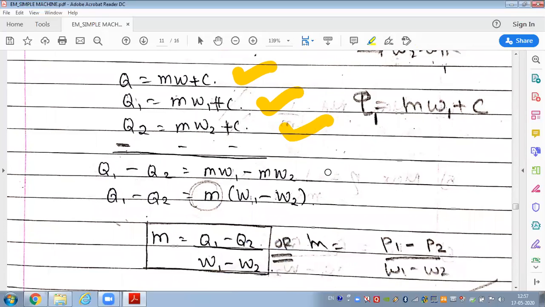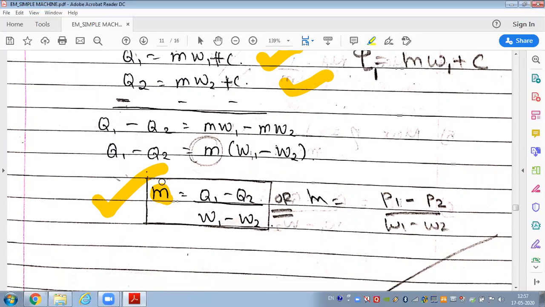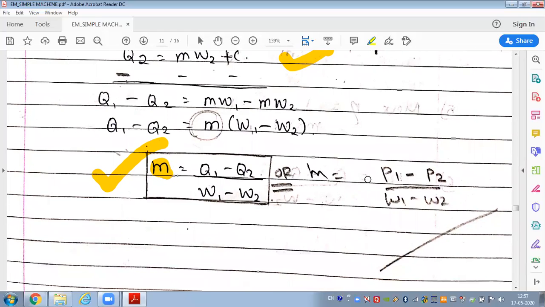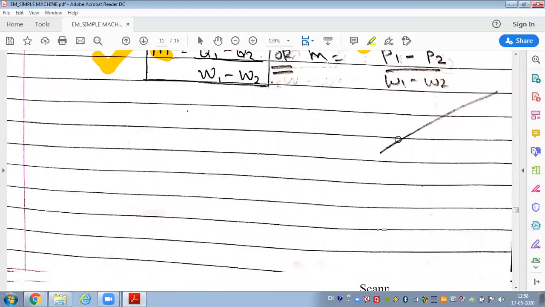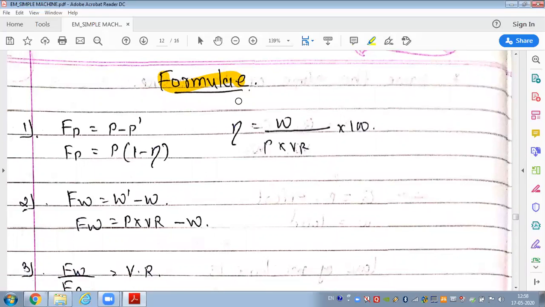By applying the formula, you can easily obtain the value of M. It is given by Q1 minus Q2 upon W1 minus W2, or in the form of P, P1 minus P2 upon W1 minus W2. Now, these are the whole formulae which are very helpful for the calculation of any example.